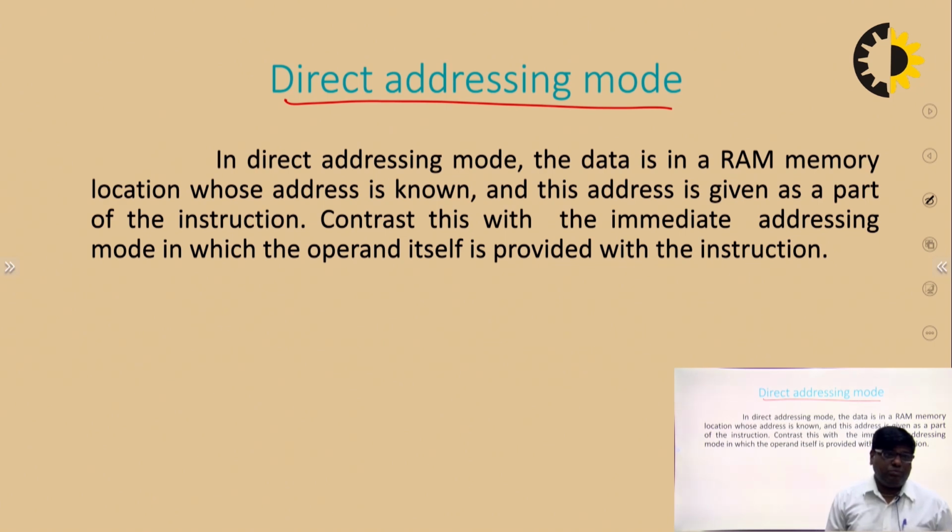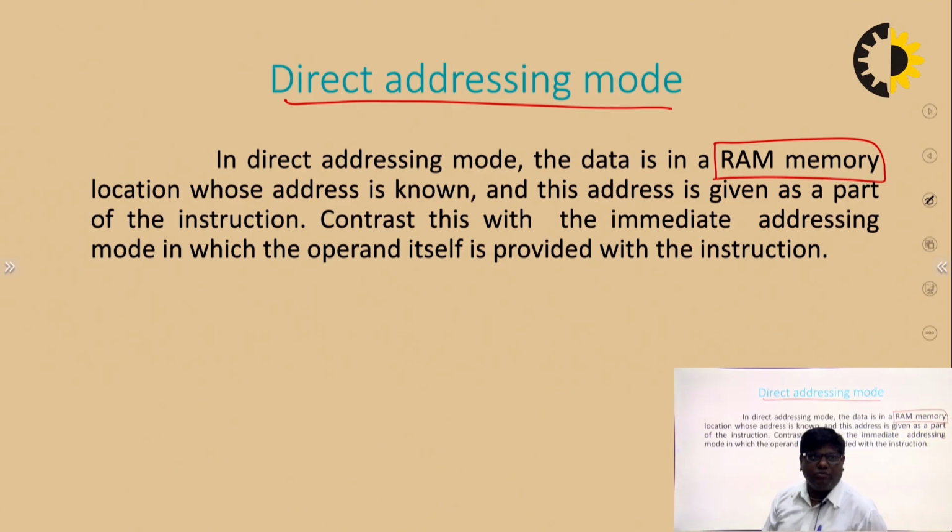Here, the big role in the addressing mode is played by the memory. The RAM or memory plays the big role in direct addressing mode. The register plays the big role in register addressing mode.